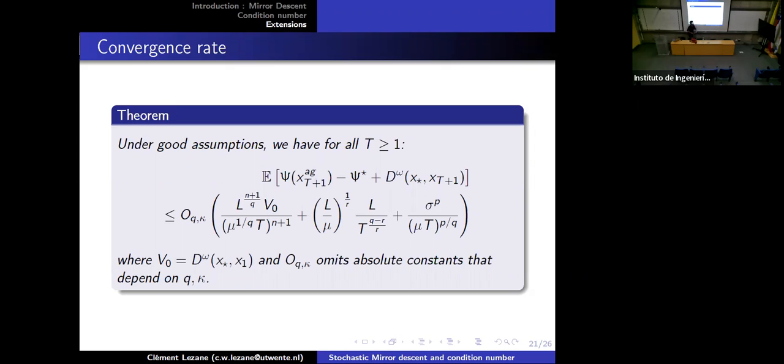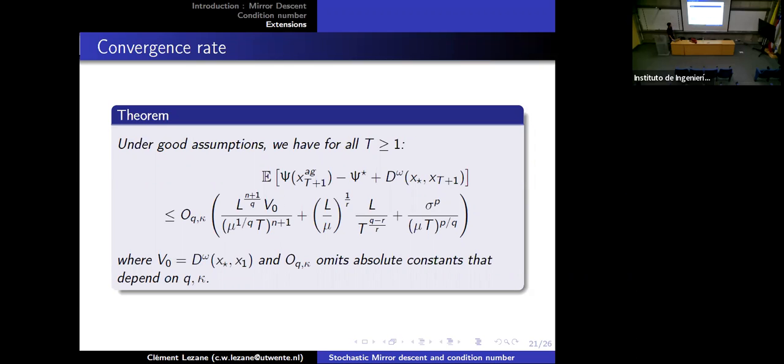I have not introduced R, but R is linked to Q and kappa, and the idea is that when Q is strictly bigger than kappa, you have to pay an extra geometrical cost for your function to solve the problem. In one of Christopher's papers, they have shown that this kind of term is unavoidable, and even worse, this term is really tight. You cannot do better than the polynomial convergence rate for this new cost.